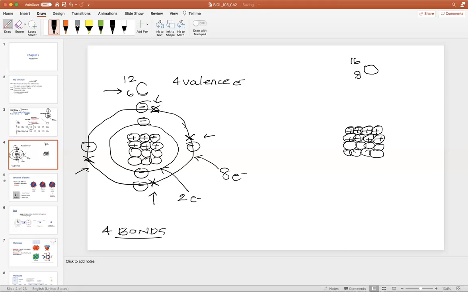And if we have 8 positive charges, we need to balance that with 8 negative charges. So we're going to draw one shell. And remember, this innermost shell can only accept 2 electrons. That's 1, 2. But we need 8.